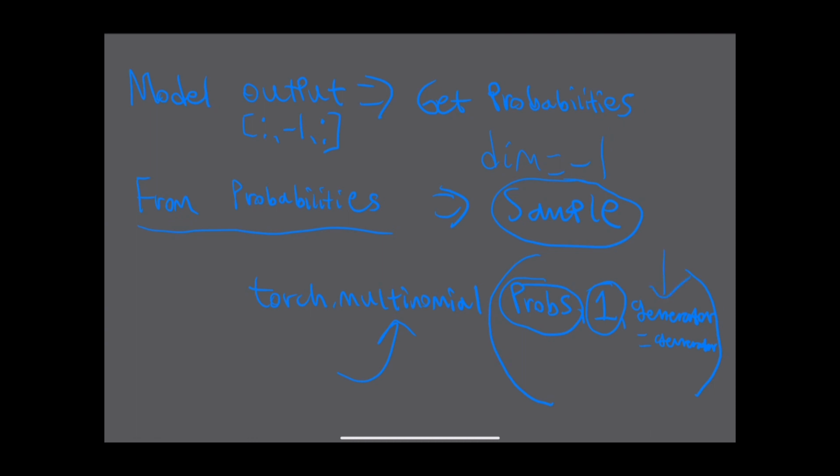Why are we doing sampling instead of just taking the max probability token? I go into this in more detail in the background video for this problem, but the short answer is if we let the model occasionally choose the second most likely or the third most likely, we can get a lot more diverse and interesting outputs because the model is not forced to just take one path. Instead, there are different paths that the generation can go down, right?